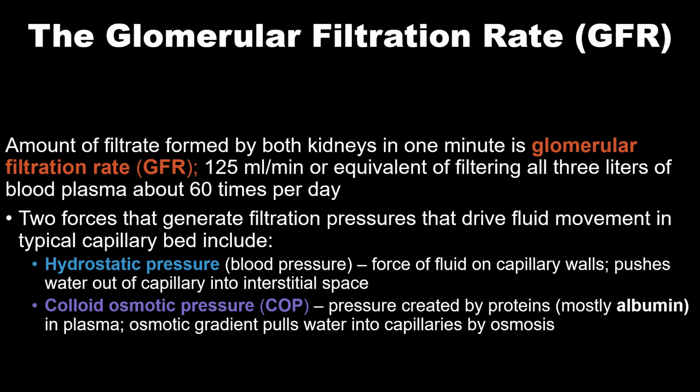This is an impressive feat, considering you only have 3 liters of plasma. So what does that mean? It means that the entirety of your blood volume is filtered 60 times a day. And the kidneys are able to do this so efficiently because the glomerular capillaries are so permeable.